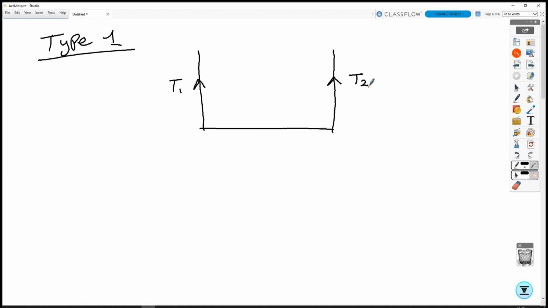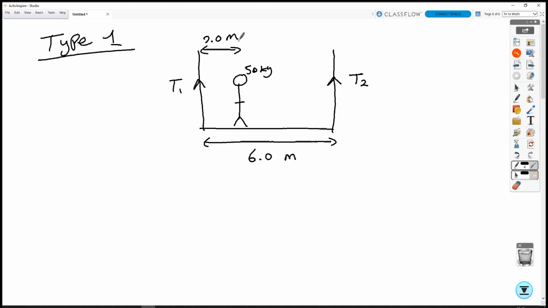This platform is 6.0 meters long. We have a person who's 50 kilograms in mass, standing 2.0 meters from T1 and 4.0 meters from T2.